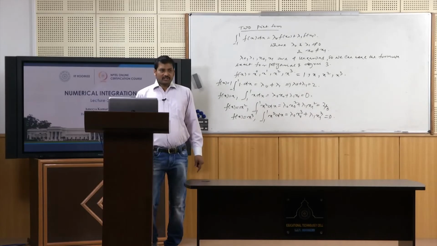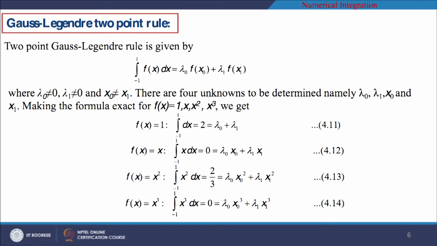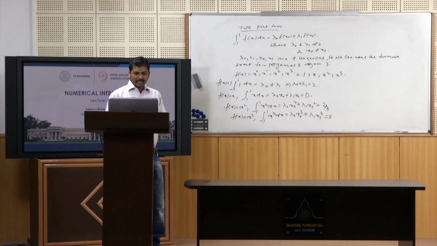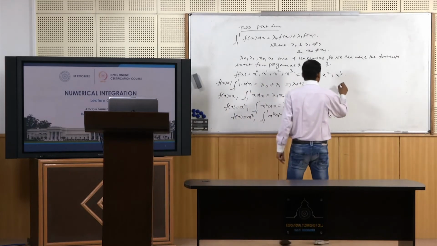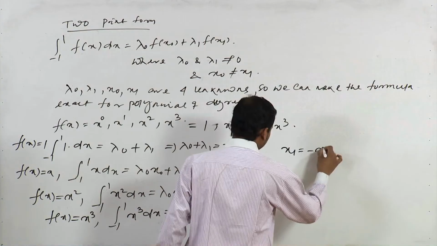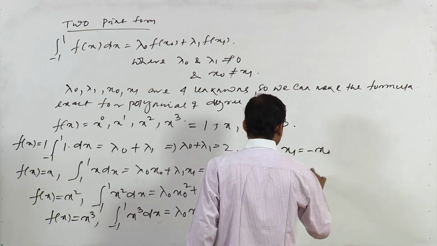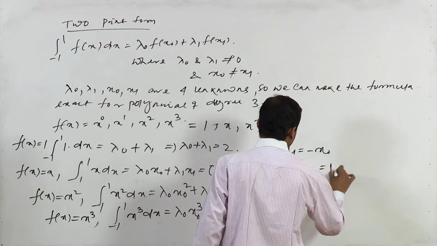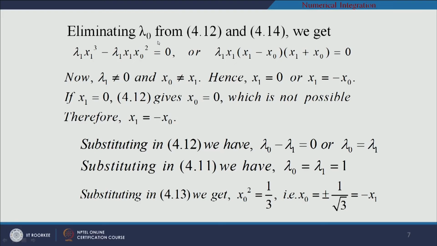So if we use these 4 equations for 4 unknowns and do some calculations, obviously we can obtain these values: x1 equals minus of x0, and lambda 0 equals lambda 1, which gives you 1 here. This is just a simple calculation.